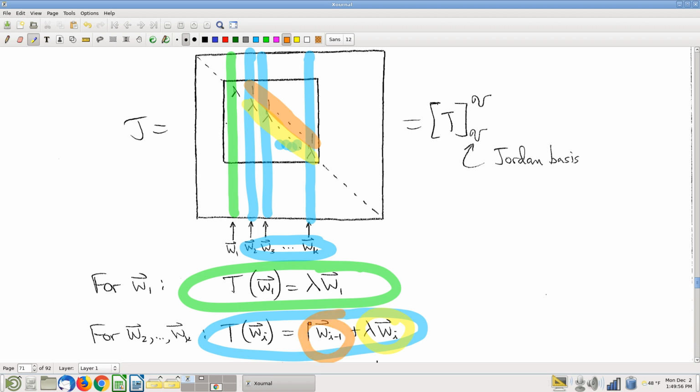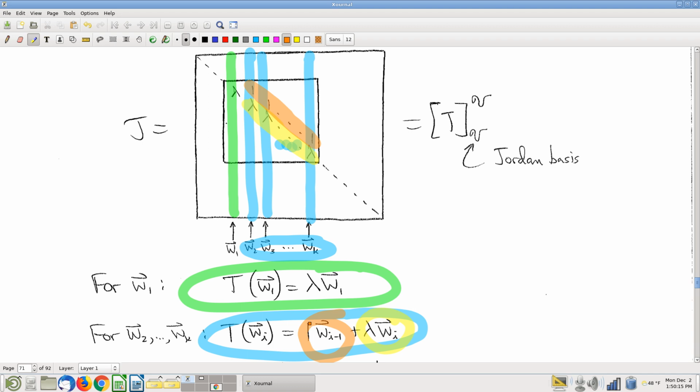And in the same way, those ones that I have in orange up there that are messing it up from being diagonalized are giving you these orange circled terms down here that are messing up our hope that these Wi's might be eigenvectors.